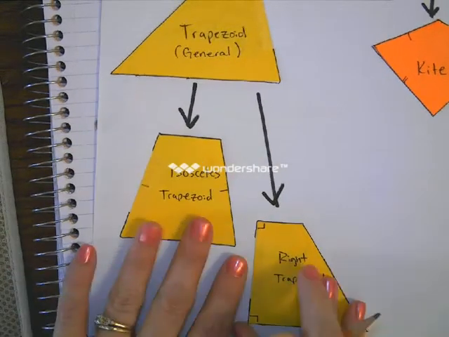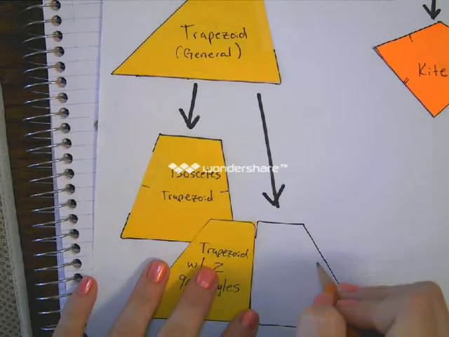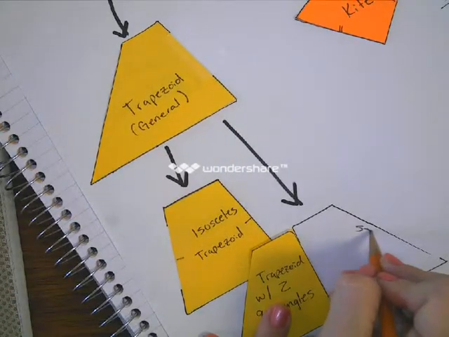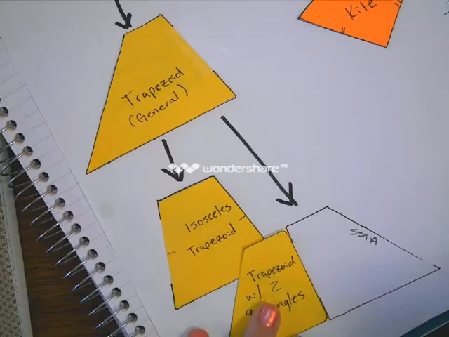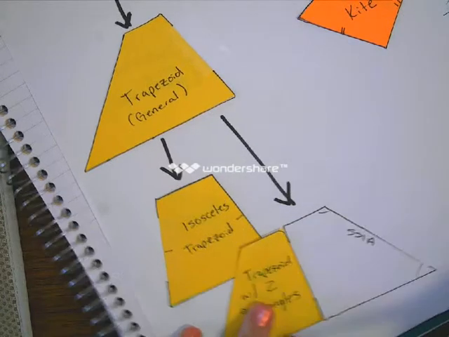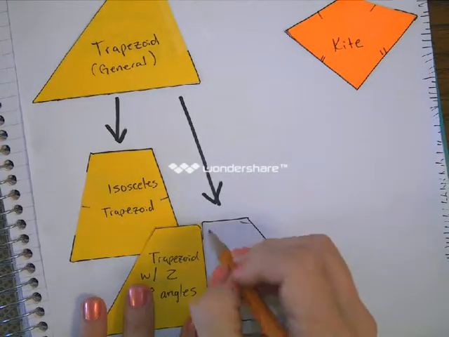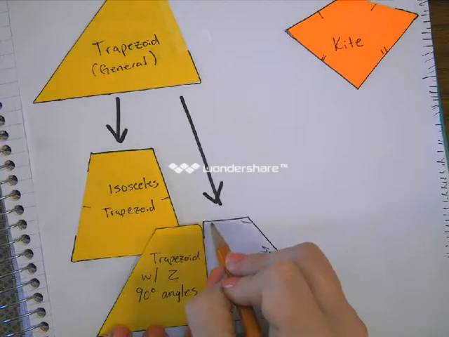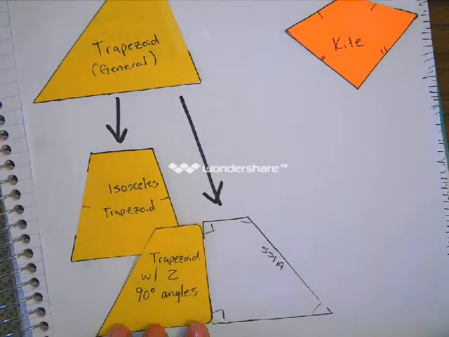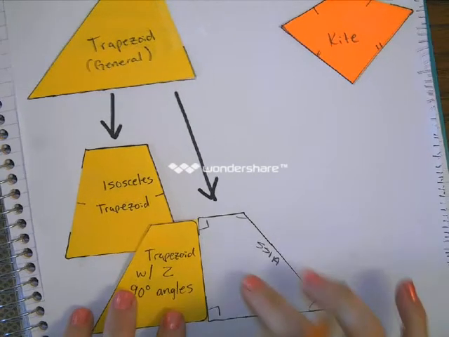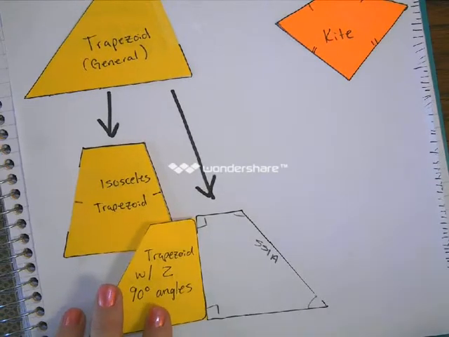For right triangle trapezoids, you're going to have same side interior angles here again, this one and that one. Okay, and then part of the definition is that that's 90 degrees and that's 90 degrees. Other than that, there's no new information about that one, which is why this one wasn't even in your book.